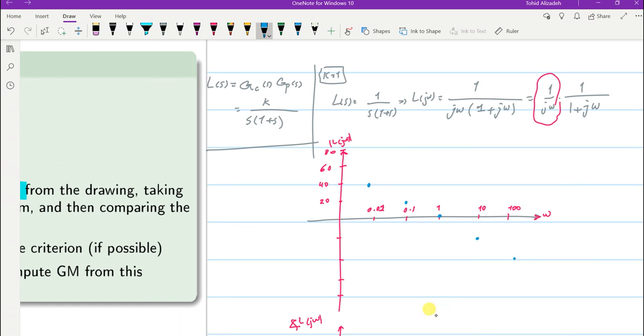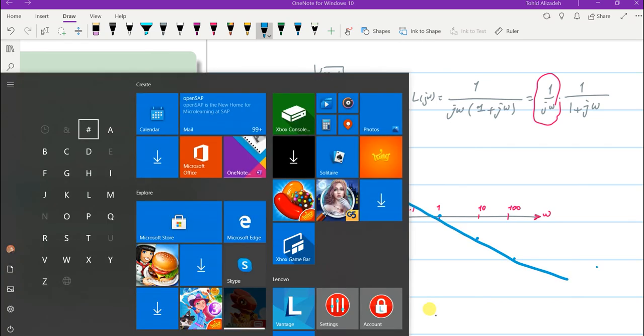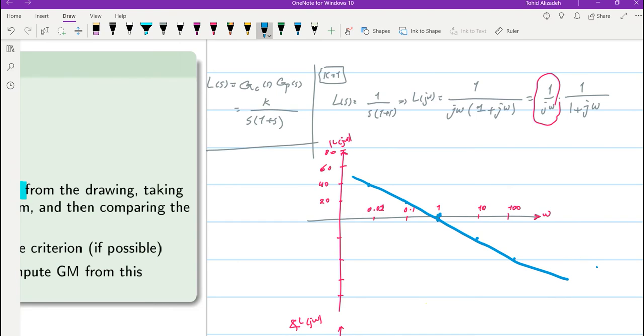And I can kind of draw it in this way. So the drawing is not perfect, but it's a straight line crossing 0 dB at omega equal to 1, and the slope of the line is minus 20 decibel per decade.